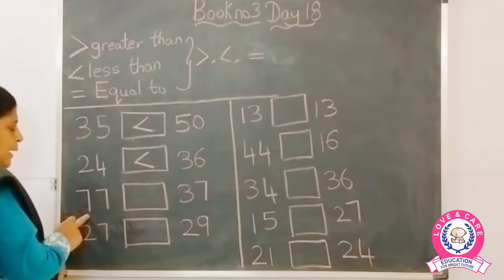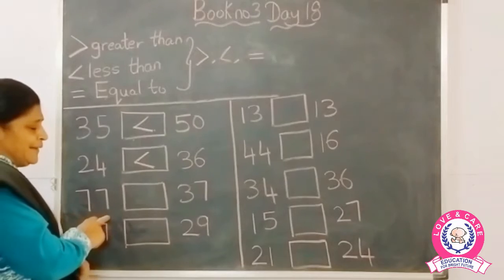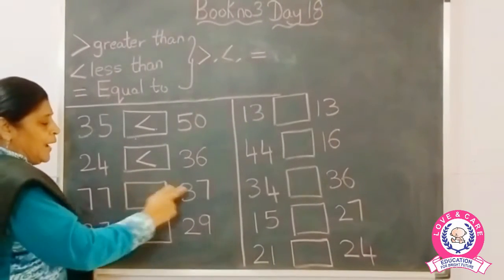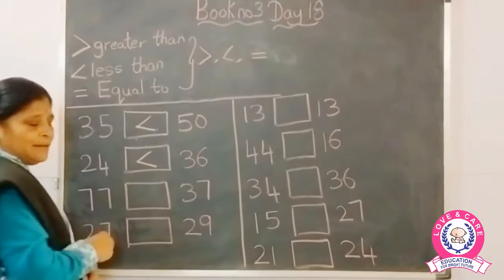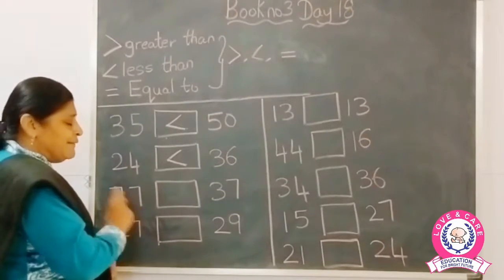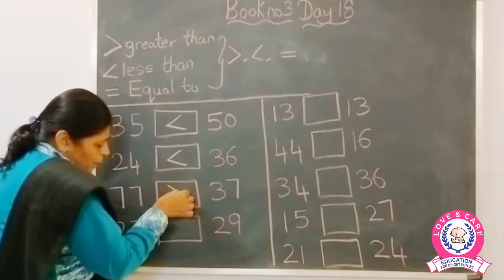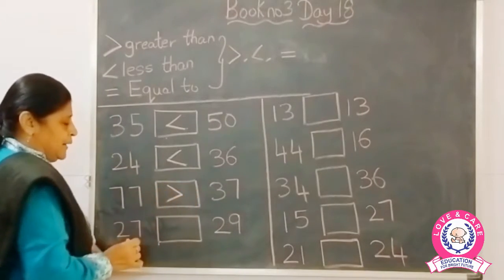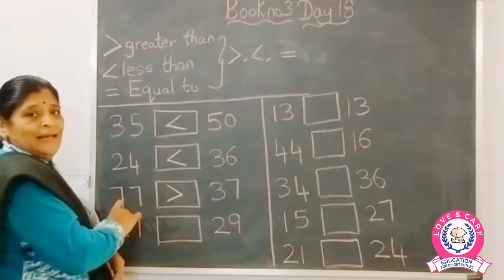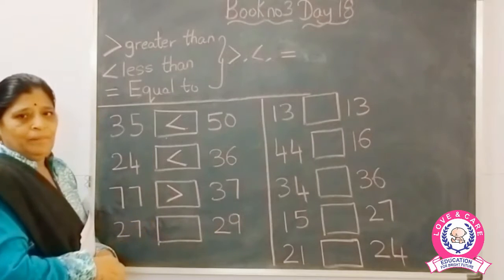Now the next number. Which number is this? 77. And which number is this? 37. So which number is the big one? 77. So here the crocodile mouth, the sign will be like that. So what do we say? 77 is greater than 37.